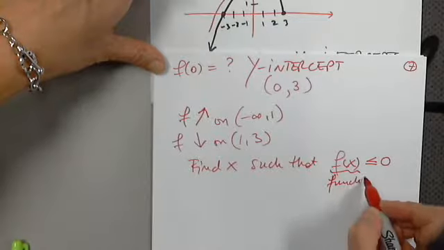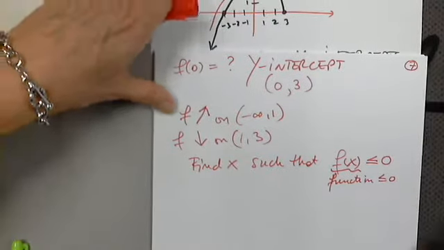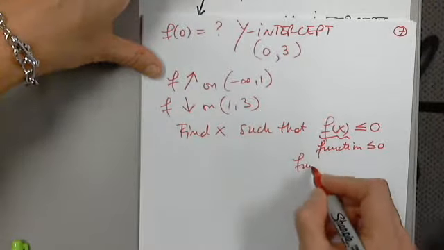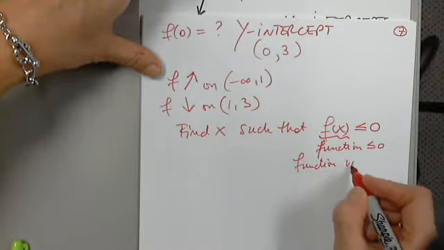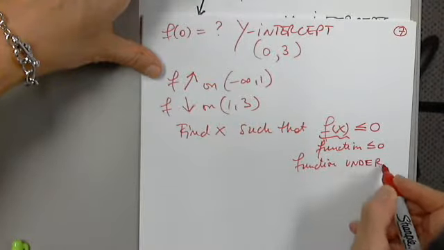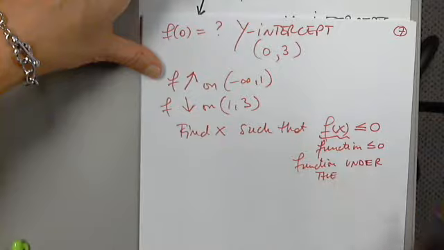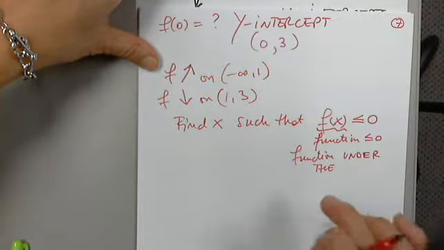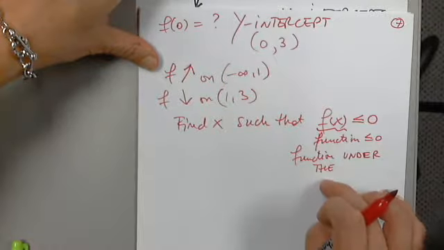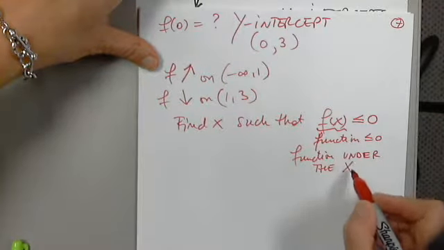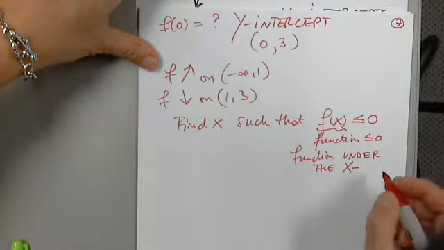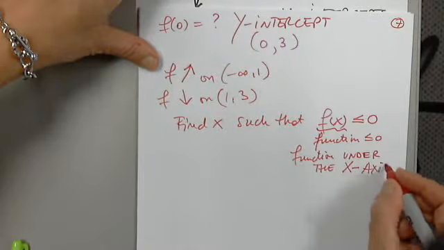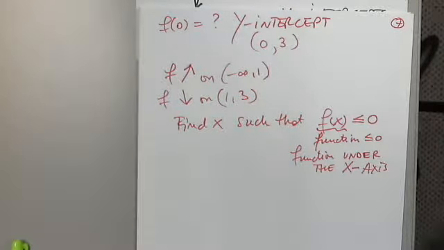Function less than or equal to 0, or negative, means the function is under the x-axis. Negative function is when we find the function under the x-axis.